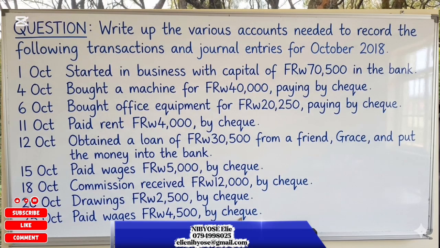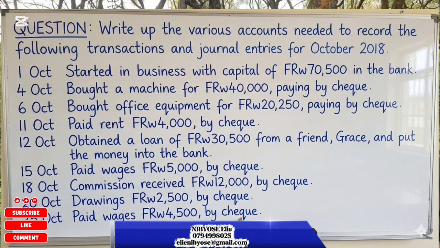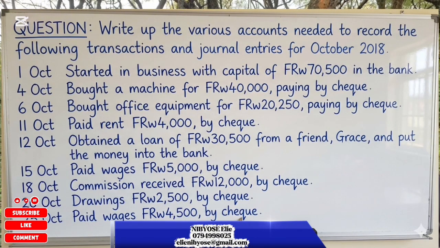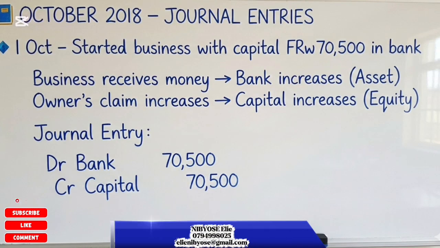On 20 October, there is a drawing of 2,500 by check. And on 25 October, paid the wage of 4,500 by check. We are now going through the answer of the above question about double entry system.